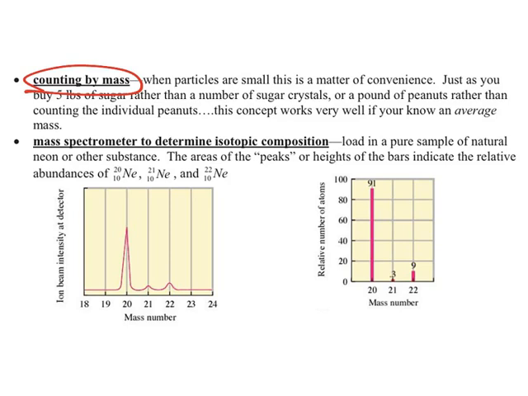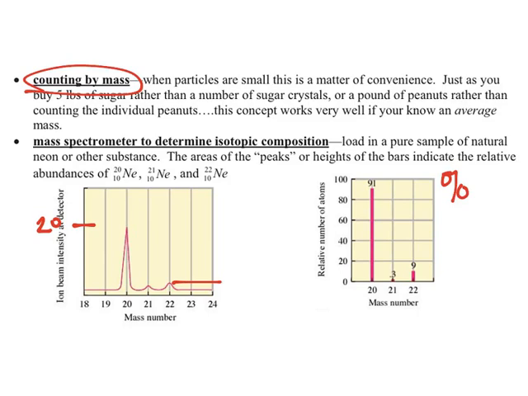The type of data that we get from a mass spectrometer is basically one of the two graphs that you see here. It can either be the relative number of atoms out of 100, which is basically a percentage, or it may just be that if this marking here was 20, then these other markings would tell you the relative amounts, and then you would have to turn that into a percentage.